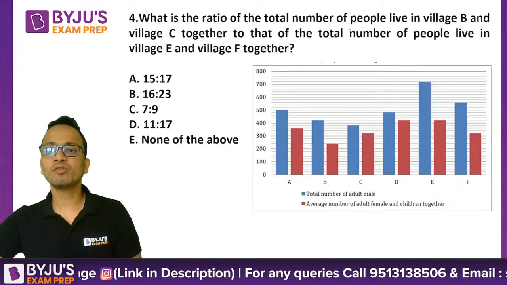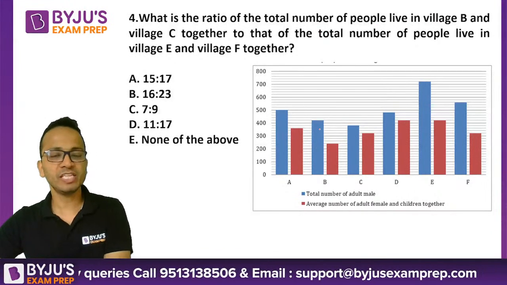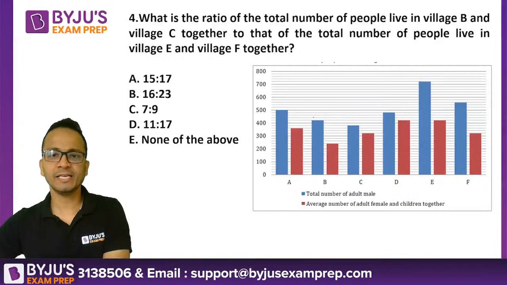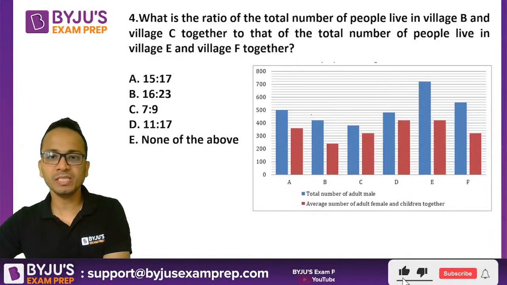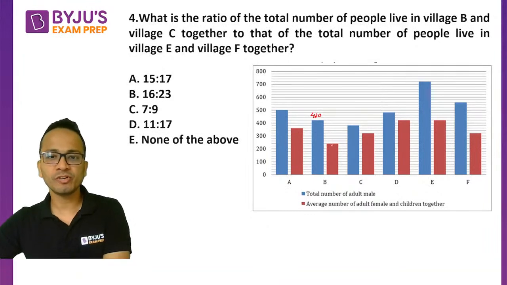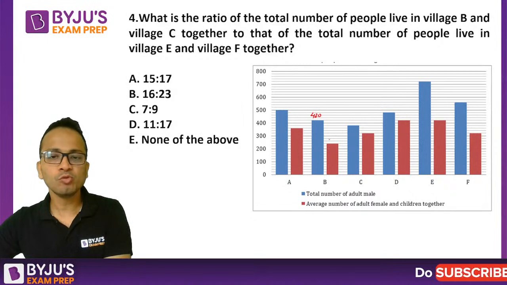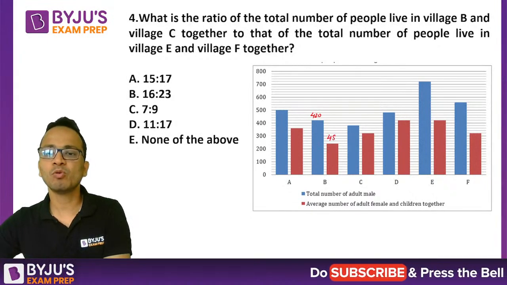What is the ratio of total number of people of village B and C? So we have to find the total number of people of village B and C. So males in village B is 420. Average of female and children here is 240. 240 multiplied by 2 is 480.